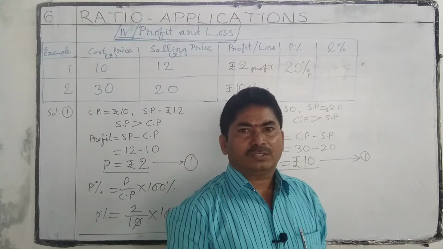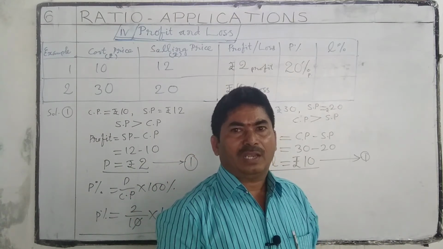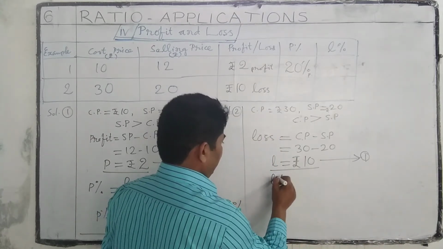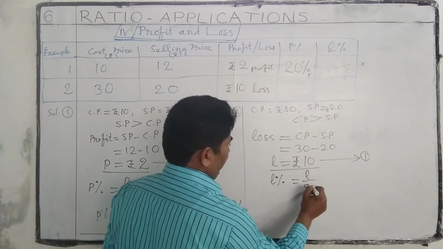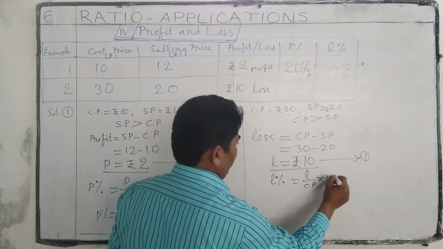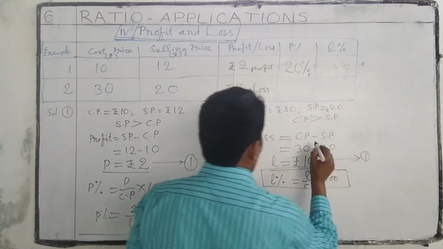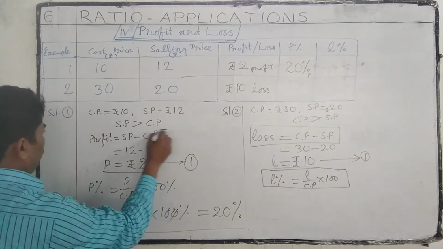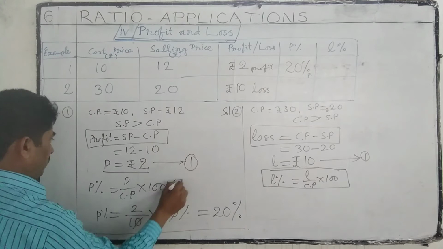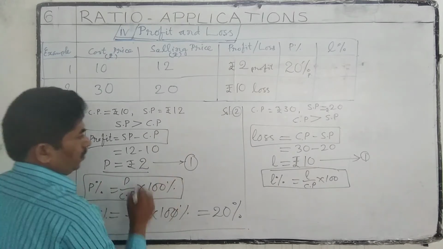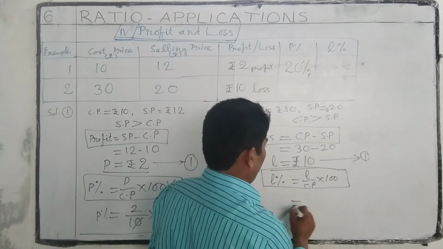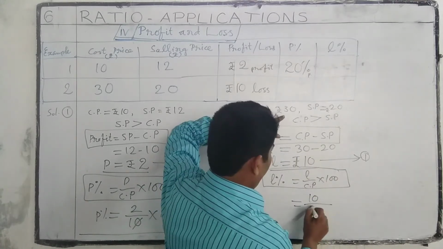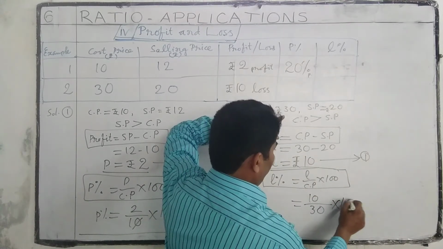If there is loss, we have to find loss percentage also. Loss percentage is equal to loss by cost price into 100 percentage. This is also a formula. Loss 10 rupees, cost price 30 rupees into 100 percentage.